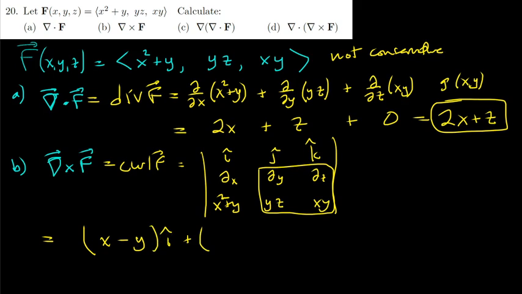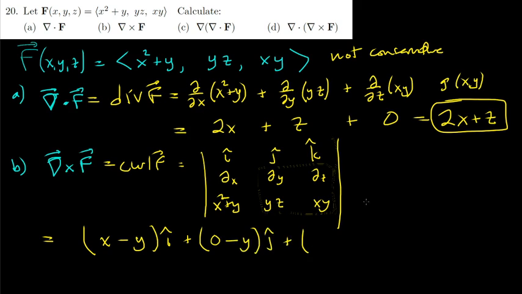Oops, I messed that up. Get rid of that. Oh, but I wanted to keep the determinant here. So now the j component, or the y component, will be 0 minus y. And then the k component, or the z component, will be 0 minus 1.